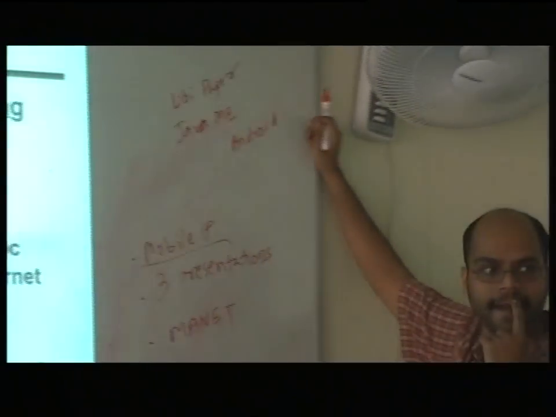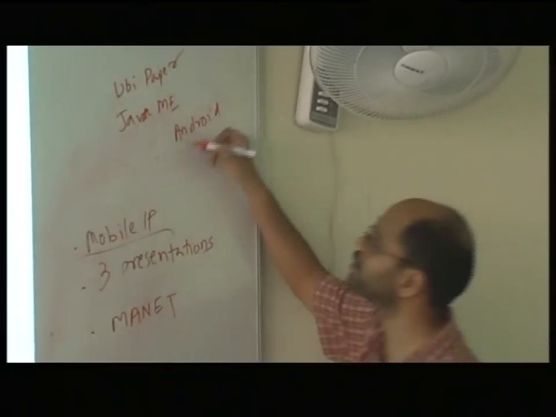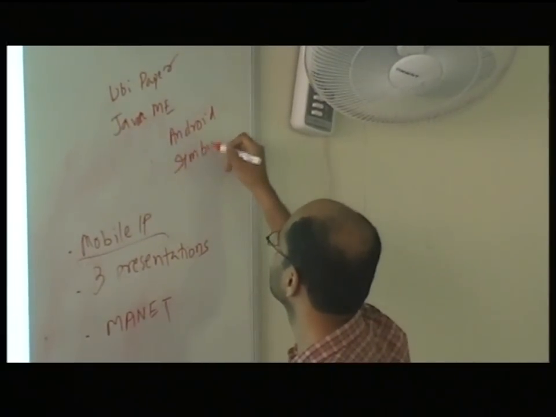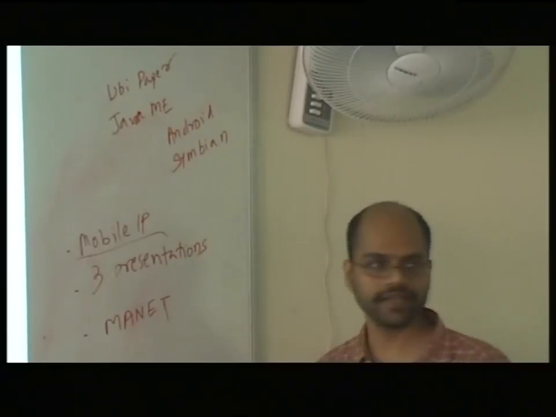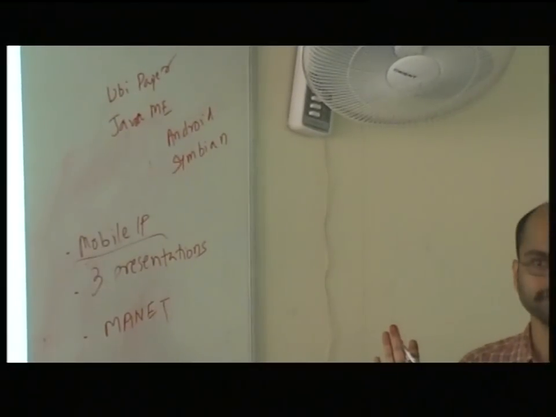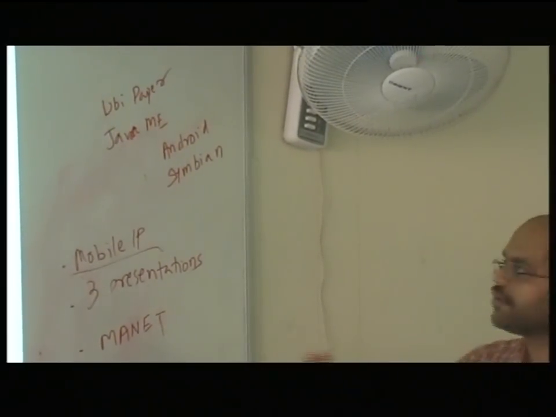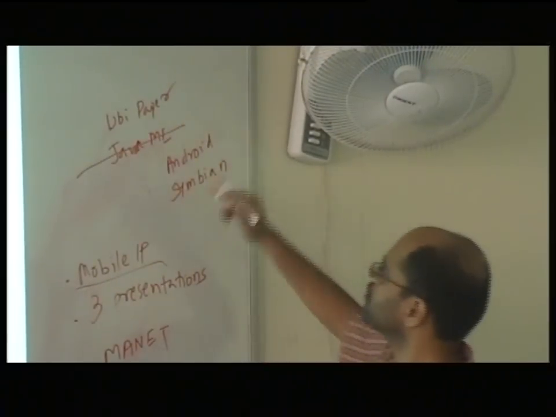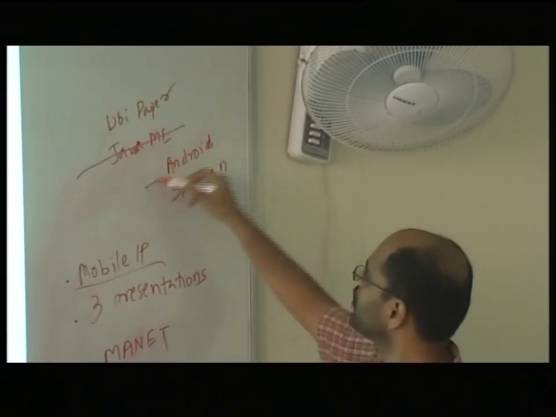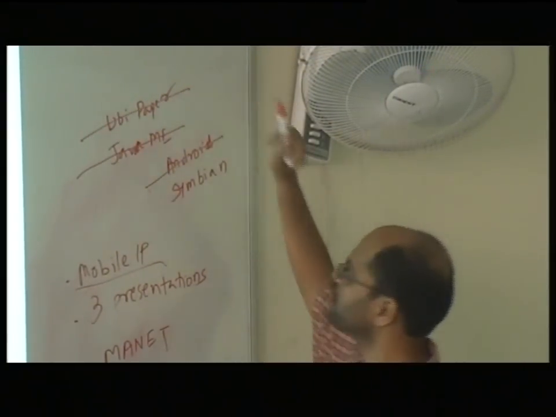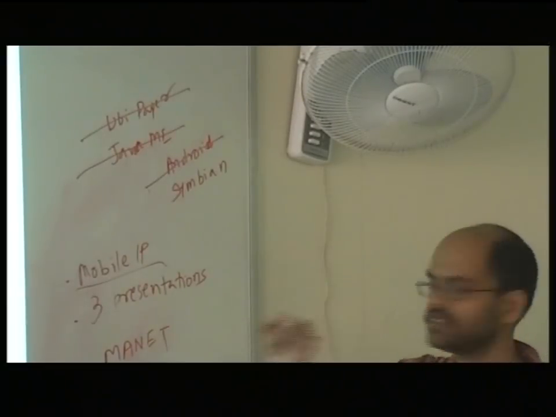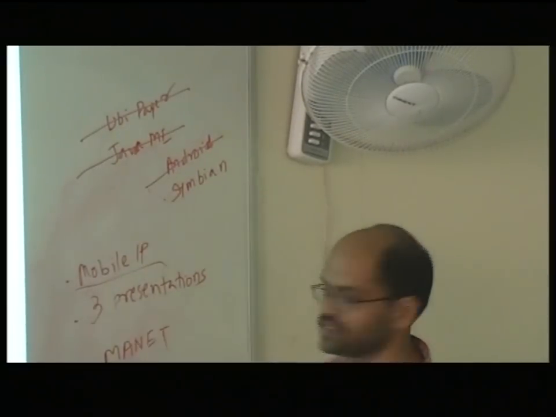Anything else? I think that's it, right? Right, so we will not have this part, we will not have Android, we will not have this part. So we will just have Symbian and these.